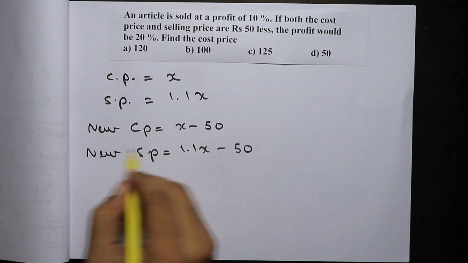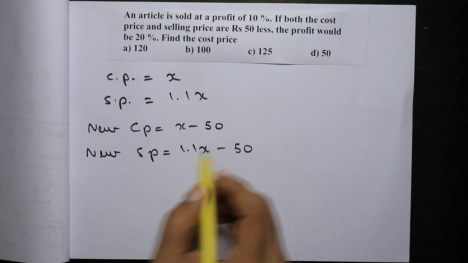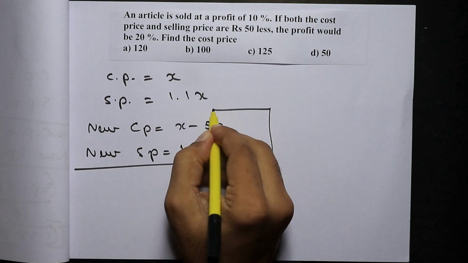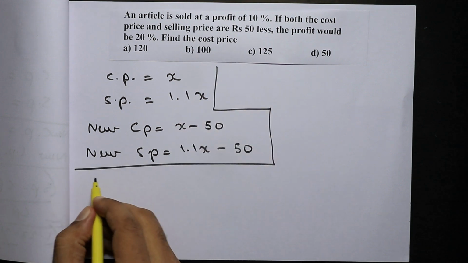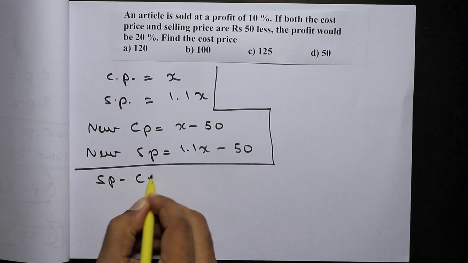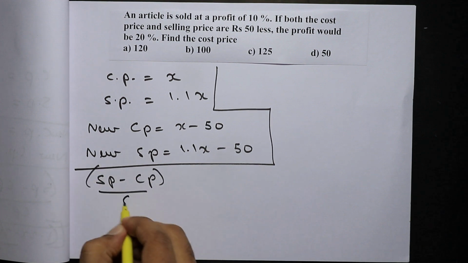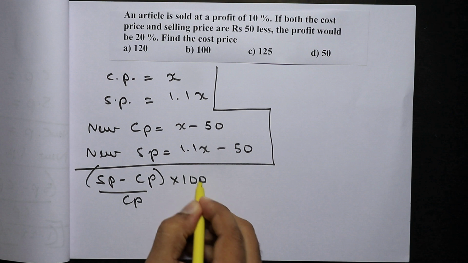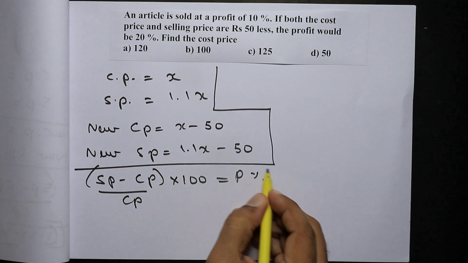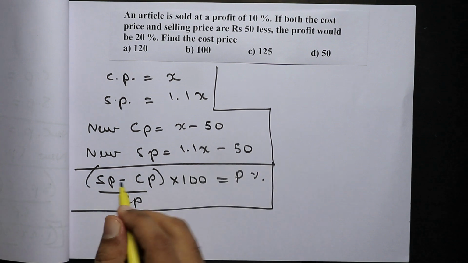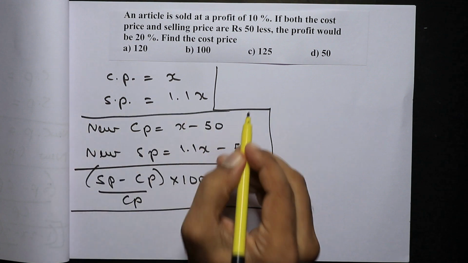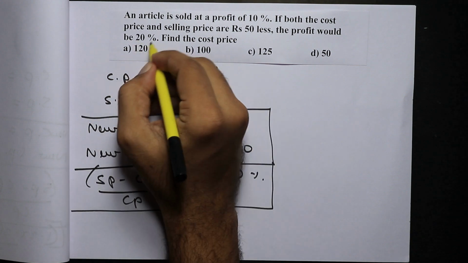So let us substitute these values into the profit and loss equation. Profit and loss equation is selling price minus cost price, out of cost price into 100 gives you profit percentage. We'll substitute these new values, and here profit will be 20%.